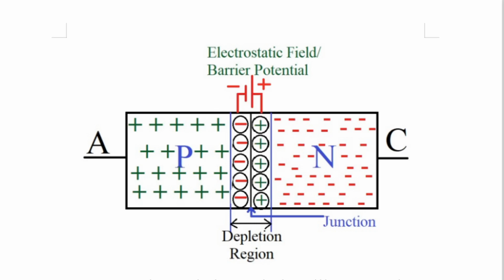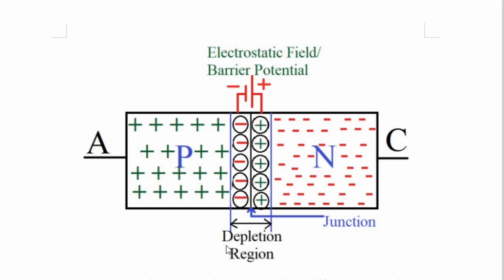It is 0.7 volt, and therefore, after this, when you connect the battery in the forward direction to the PN junction diode, forward direction means the anode of the diode to the positive of the battery, and the cathode of the diode to the negative of the battery.